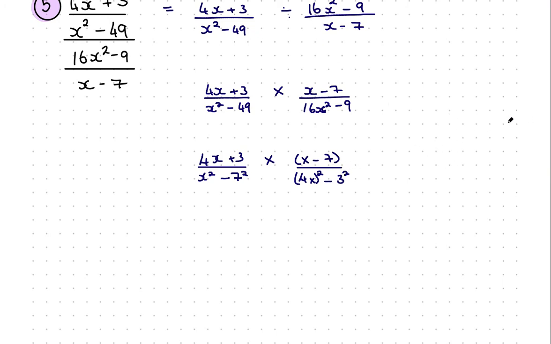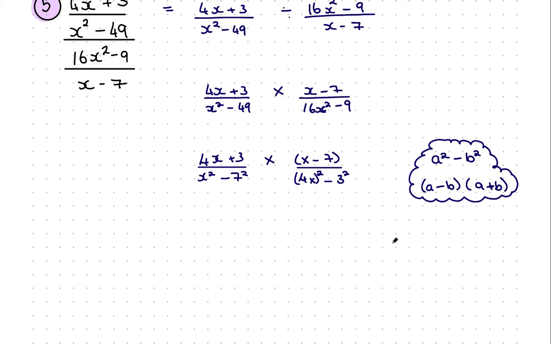And if you remember, there's actually a rule where we have a square number take away another square number. That will always factorize down to be a minus b, a plus b. So you should have that taken down somewhere. It's not in any log tables, and it does come up quite a bit. So I would make sure that I know that formula as a little shortcut for myself.